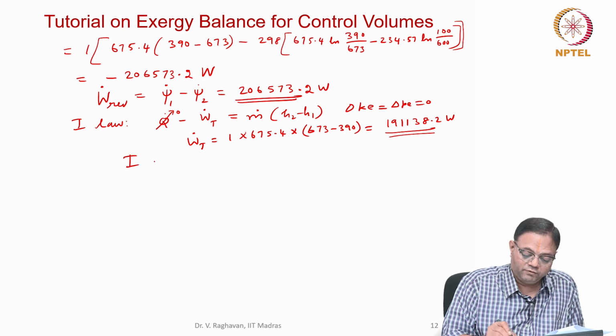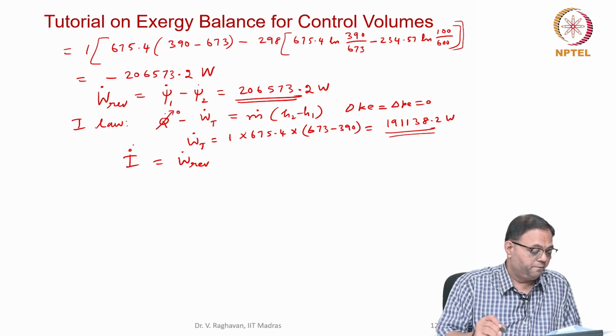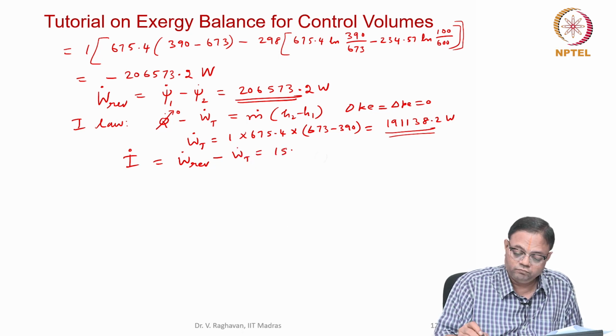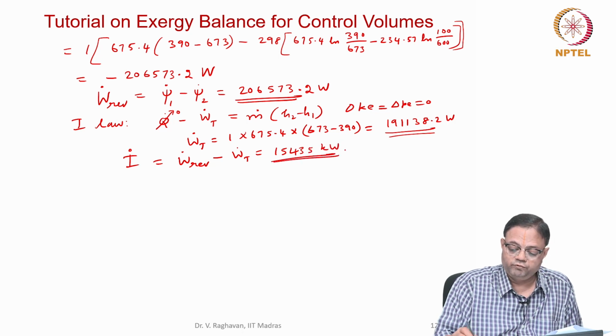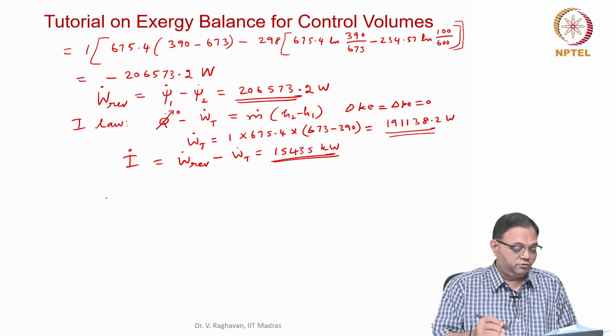So I can find the irreversibility as the rate at which reversible work, W dot reversible, minus W dot T, which will be equal to 15,435 kilowatts. 15,435 kilowatts is lost because of the irreversibility.